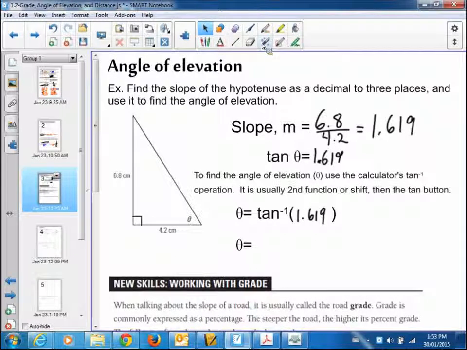Do it again. Good. There. Okay, is it 58 degrees, folks? Somebody else confirm what she got? Is it 58 degrees? Yeah, okay. 58 degrees.